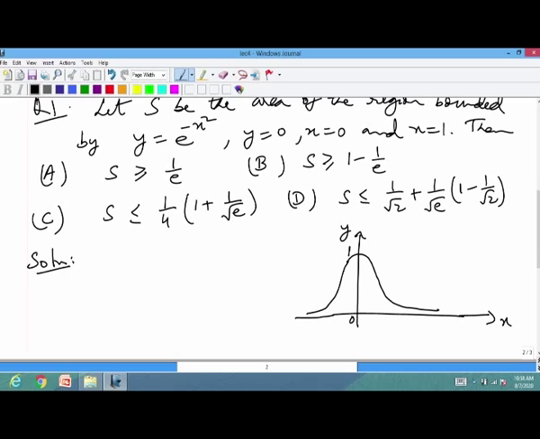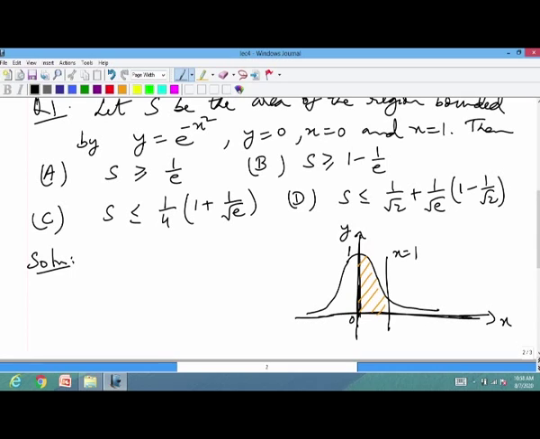So, this region is the area bounded by this curve, y equal to 0 which is the x axis, x equal to 0 which is the y axis, and x equal to 1. The area of this region is given to be equal to S.